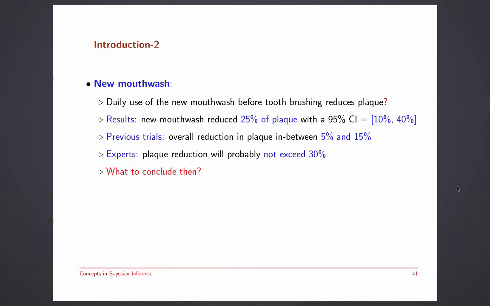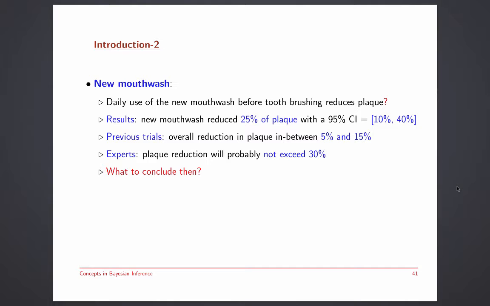Take another example. A new mouthwash is introduced into the market, and a study is set up to show its effects. The study must evaluate whether the daily use of a new mouthwash before toothbrushing reduces the plaque.